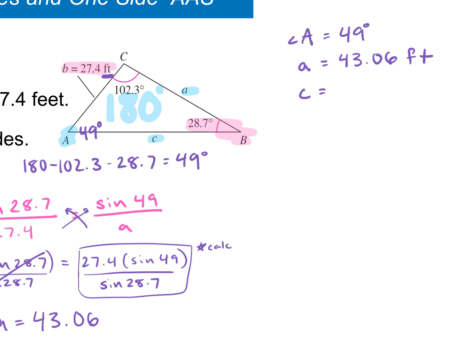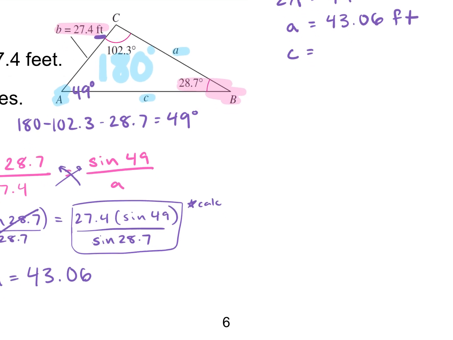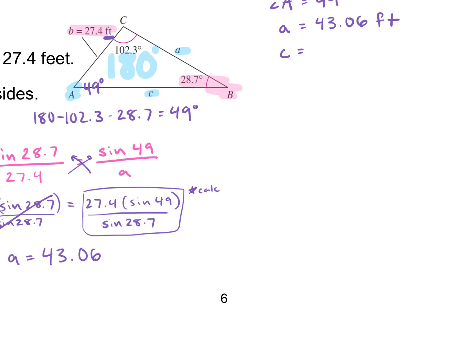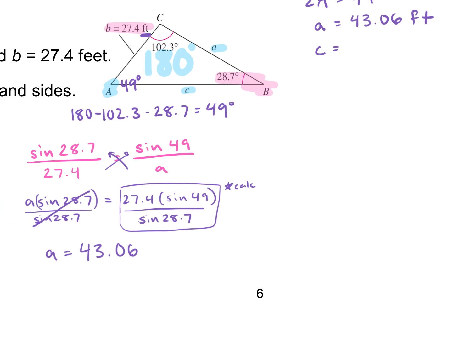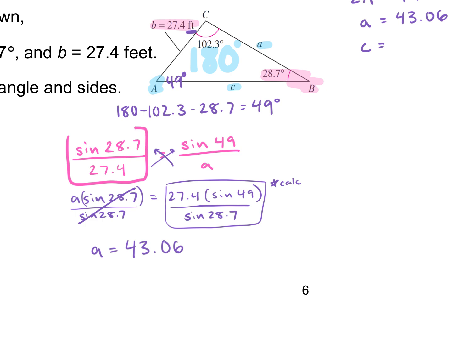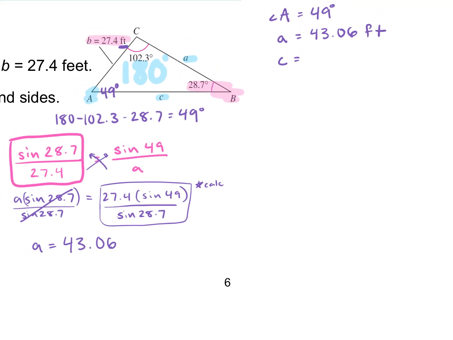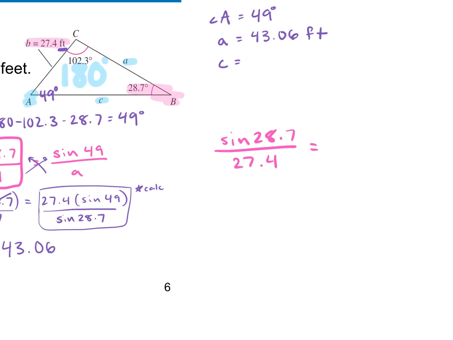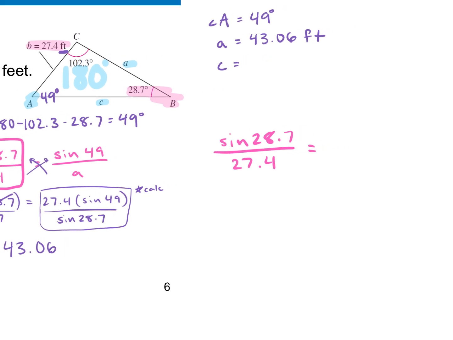Next, we want to find side C. So we have to set up a proportion again. So we're going to use the law of sines again. Since B was given to me, I'm going to keep using that same proportion to find C. So I have sine of 28.7 over 27.4 is equal to sine of C over C. So sine of 102.3 over C. Any questions on how we got that proportion?